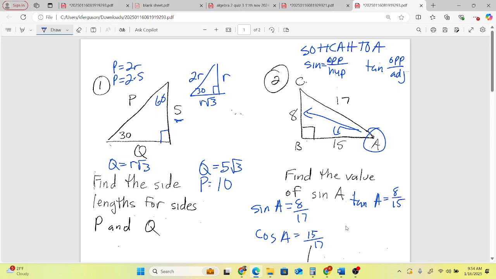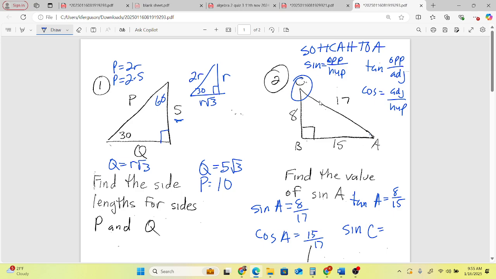Well, let's think about what about sine of C, right? So sine of C is the same process. I'm just picking a different point of reference. So let's pick C for my point of reference. And sine says opposite over hypotenuse. And I forgot to put cosine here. Cosine is adjacent over hypotenuse.